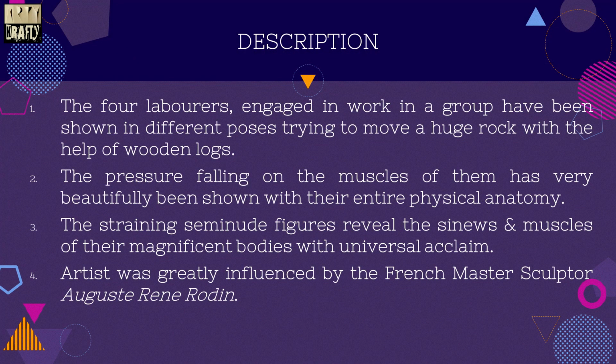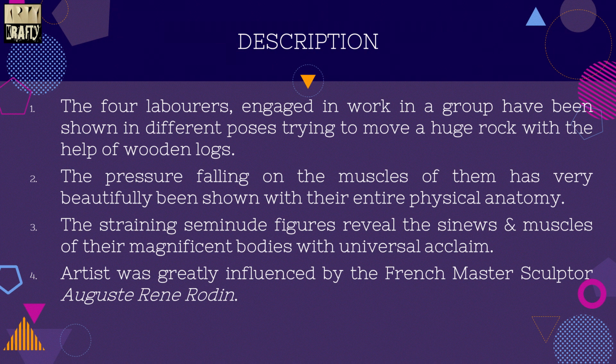Description: the four laborers engaged in work in a group have been shown in different poses trying to move a huge rock with the help of wooden logs. The pressure falling on the muscles of them has very beautifully been shown with their entire physical anatomy.